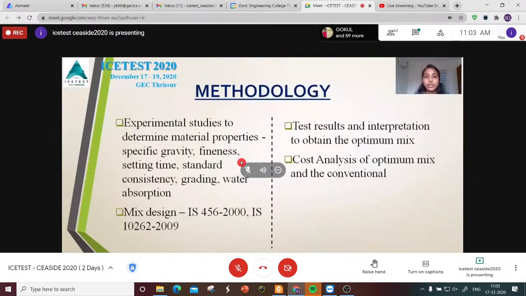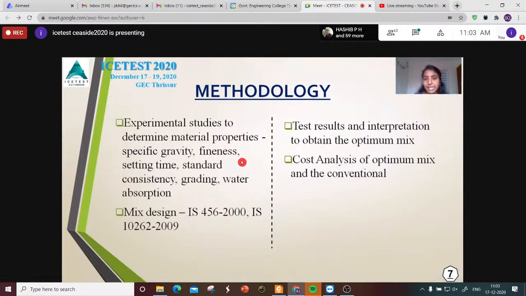Now, coming to the methodology of the study. After conducting many preliminary tests for the material properties such as specific gravity, fineness, water absorption, standard consistency, setting time, etc., we formulated the mix design for the conventional concrete mix as well as the geopolymer concrete mix with various proportions of fly ash and GGBS. We conducted the workability test as well as the test for strength.